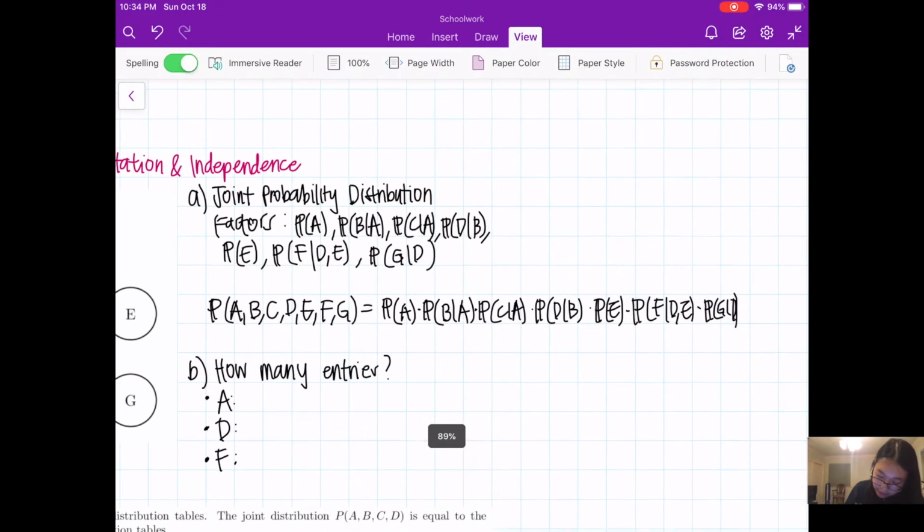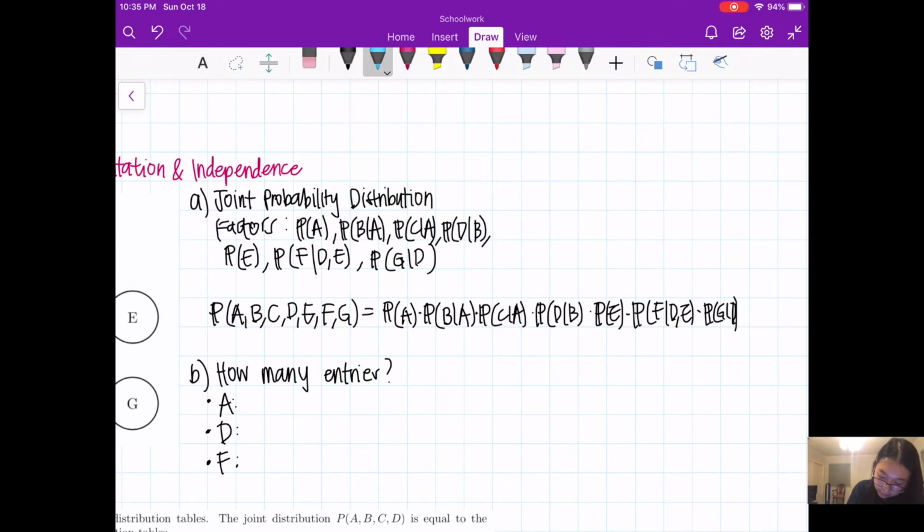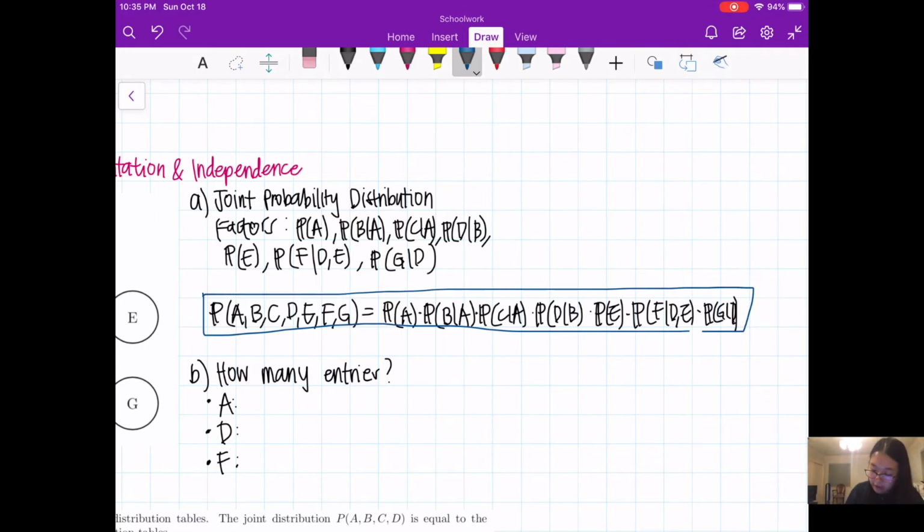So that will be your resulting answer for what the joint probability is. So essentially all the factors multiplied together. And we got those factors by looking at each node and seeing what the parent nodes were.